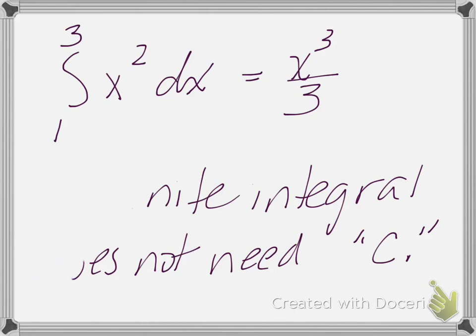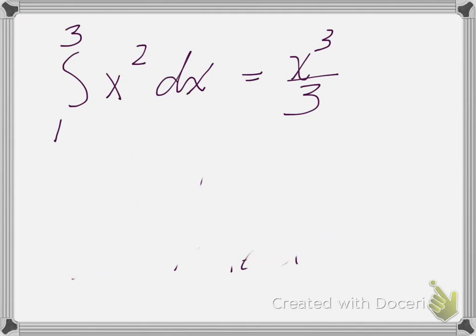Okay, so I'm just going to get this out of the way. So instead of writing plus c, what are we going to do? We make this little bar, and then we're going to write from 1 to 3 to remind us that we still have to use the 1 and 3. But we lose that integral sign because the integral sign is telling us to find the antiderivative. And once you find the antiderivative, you would no longer have that.